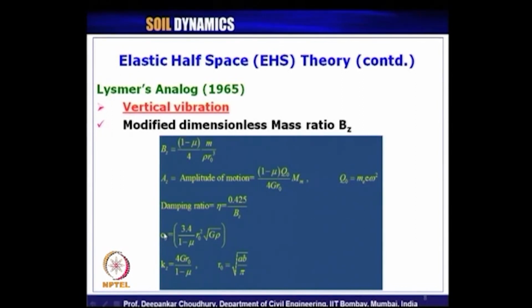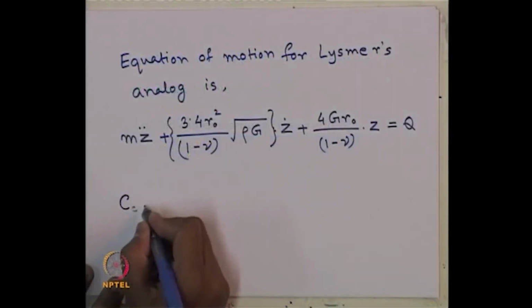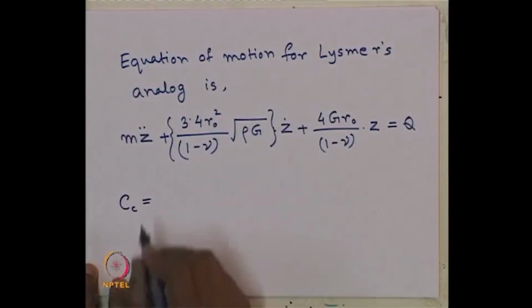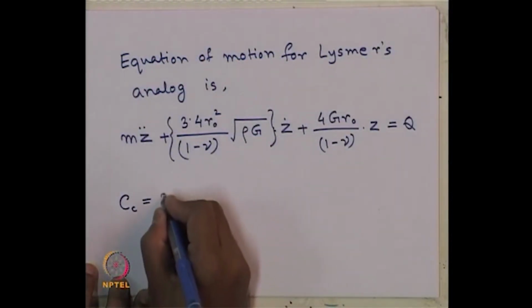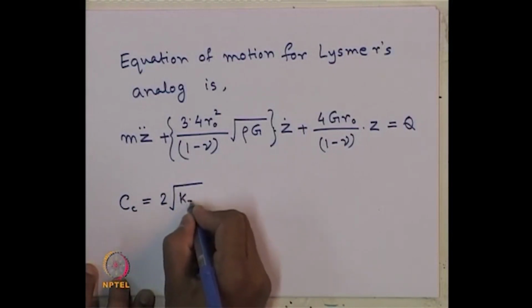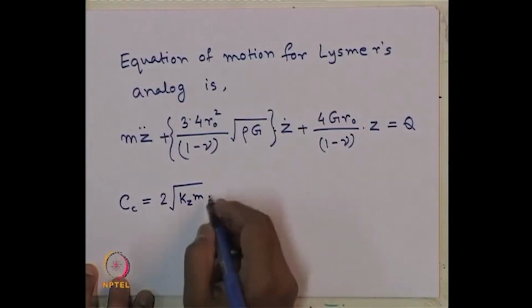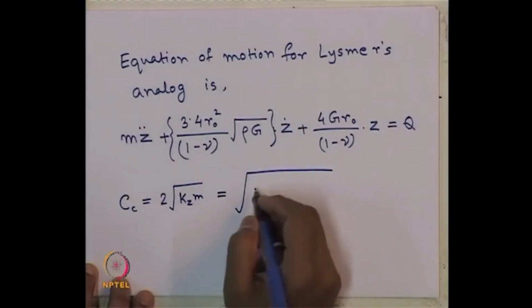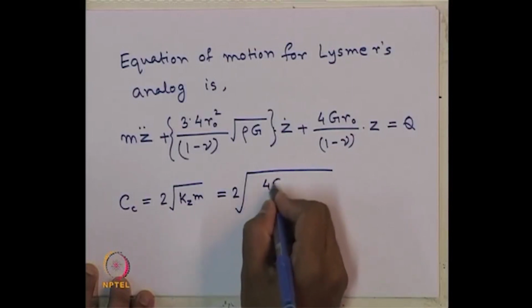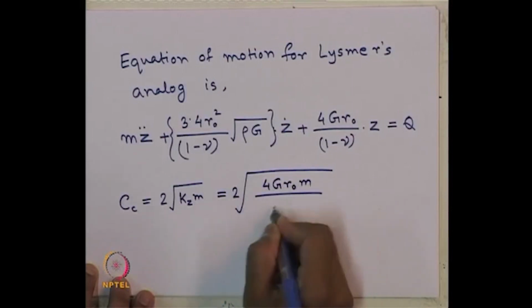And Cz, that is the damping coefficient, can be calculated using the expression I have written just now, and the damping ratio can be calculated using the expression 0.425 by Bz. Because if you see the expression of Cc, that is the critical damping coefficient, it can be expressed as 2 root over kz m, right, which can be written as 2 root over 4 g r naught m by 1 minus mu.